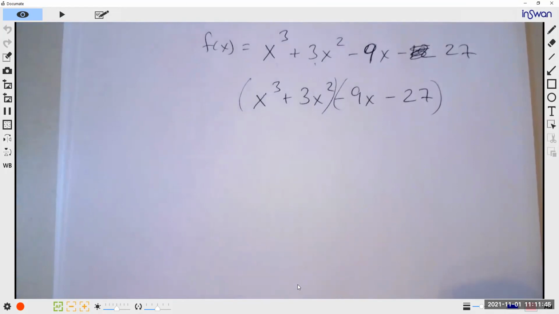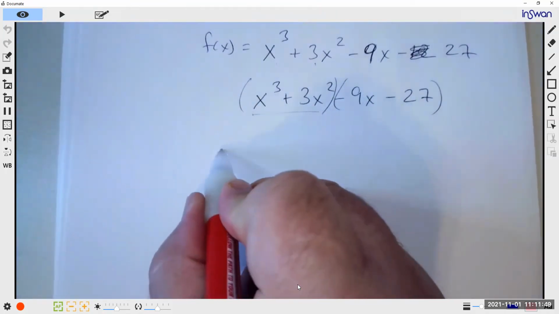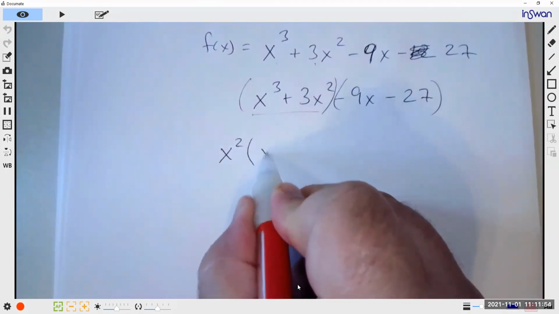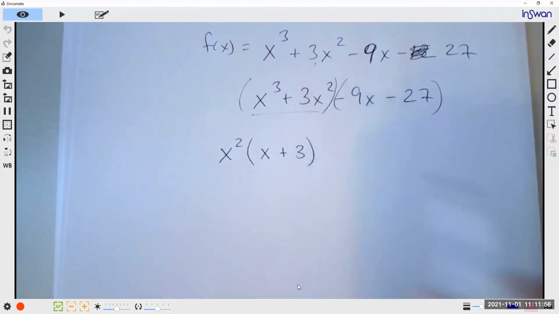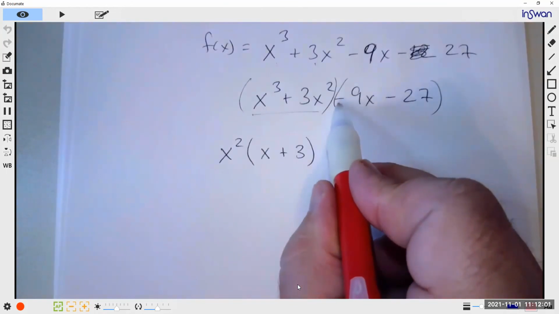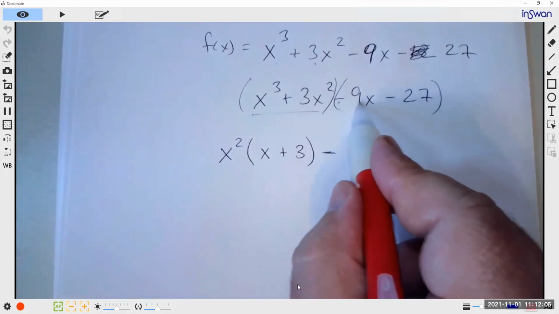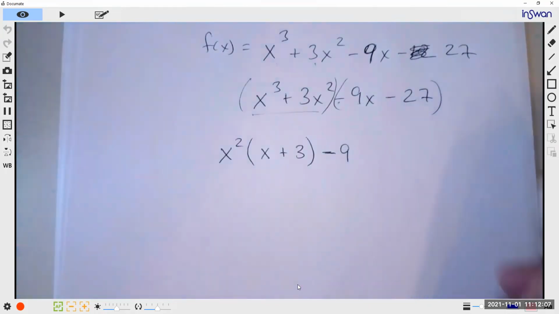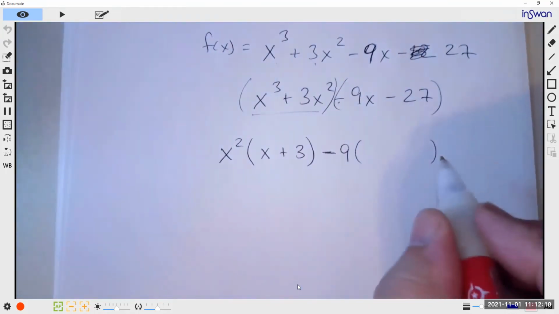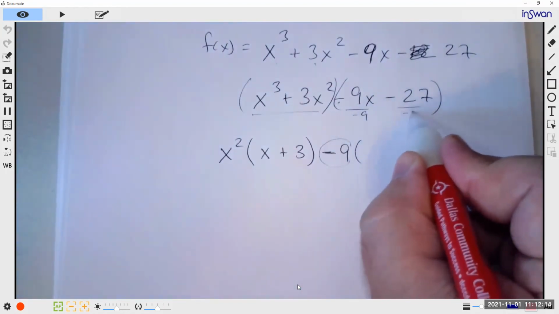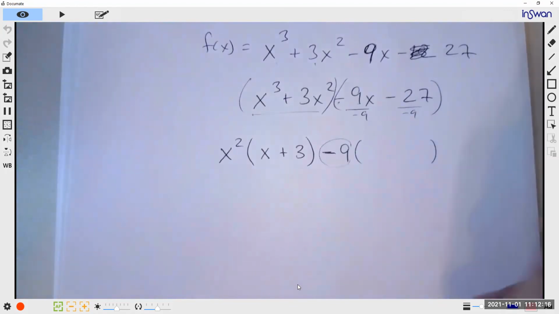So set parentheses around the first two and the second two. We can take out x squared out of the first one: x plus 3. We take out the first sign, take a negative. 9 and 27, they both have a 9 in common. So remember, whatever I factor out, I divide to see what goes inside here.